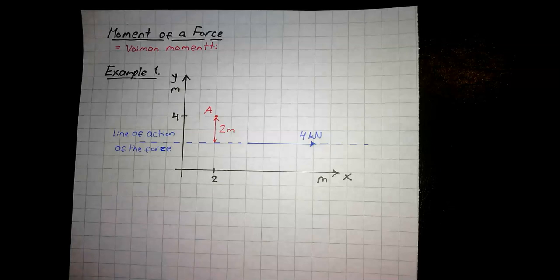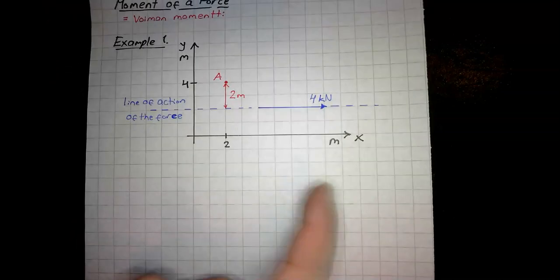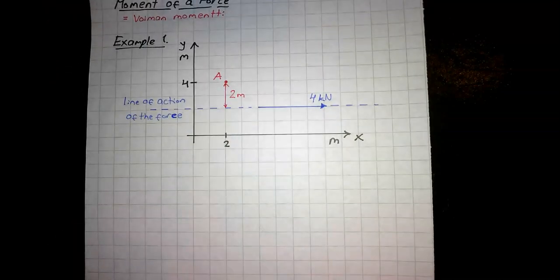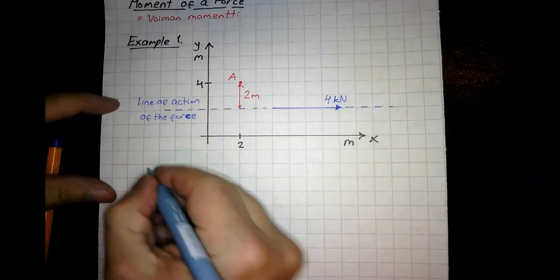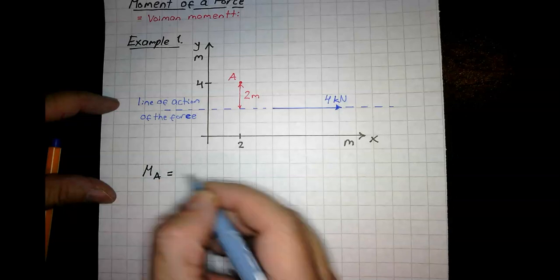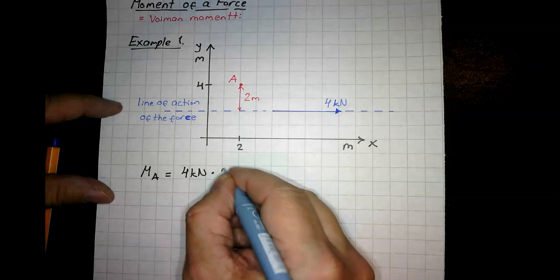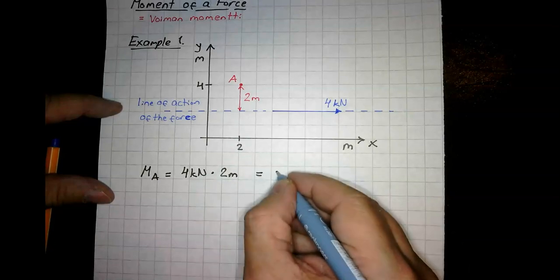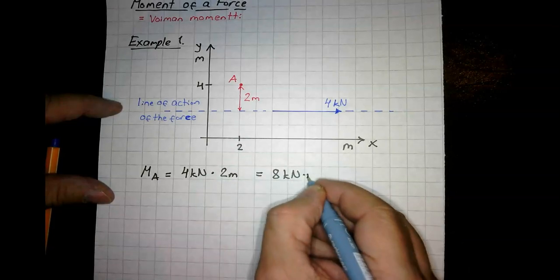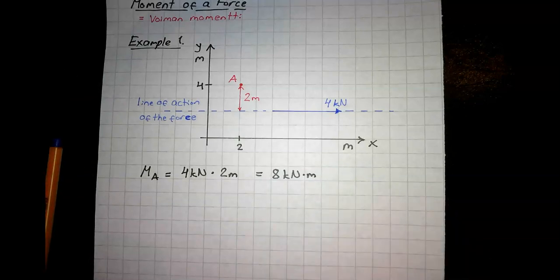So it is easy to calculate the moment of force by multiplying the magnitude of force and the distance. So we get 4 kilonewtons times 2 meters. So moment to the point A will be 4 kilonewtons times 2 meters, and that will be 8 kilonewton meters.